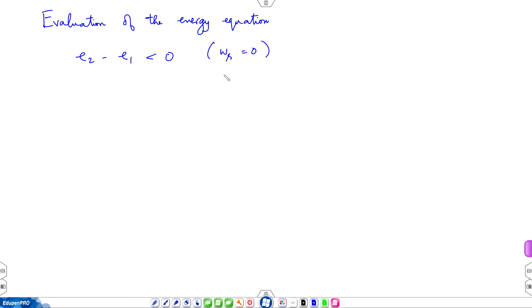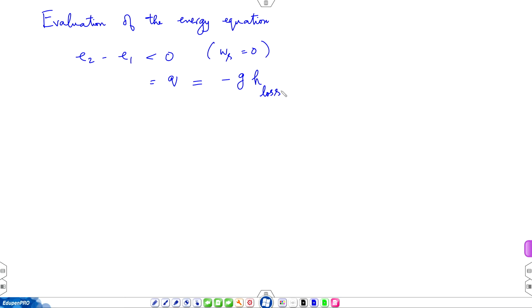So, just going back a step, we had written this equal to Q, okay, which is less than 0 from second law. Now, this Q is just by convention, it is written as minus g H loss.